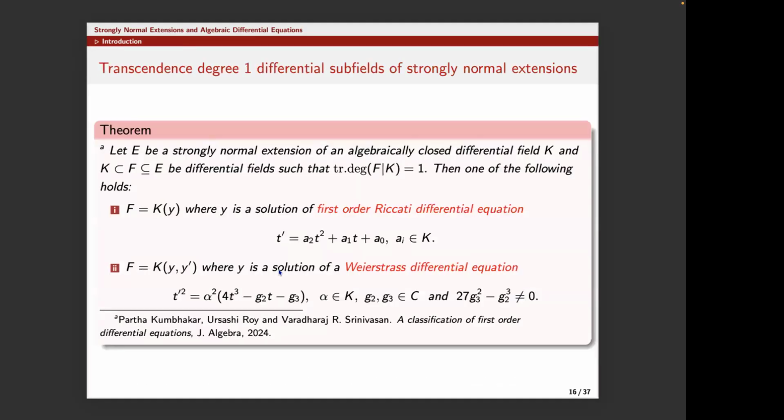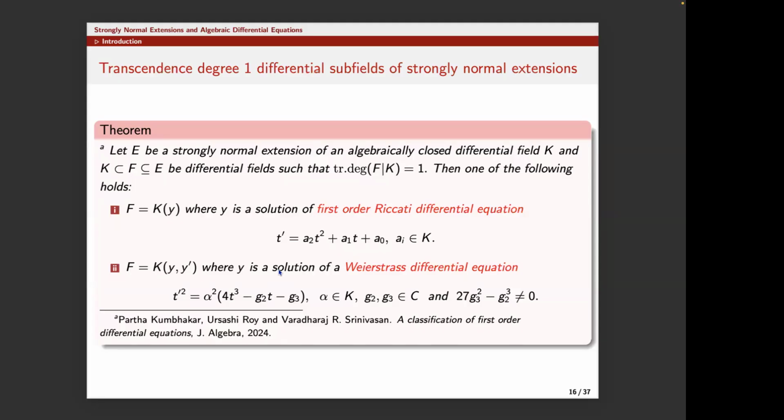Okay. So the transcendence degree 1 differential subfields of strongly normal extensions are known, which is proved in this paper, a classification of first order differential equations. Such transcendence degree 1 differential subfields are nothing but differential fields generated by a first order differential equation.